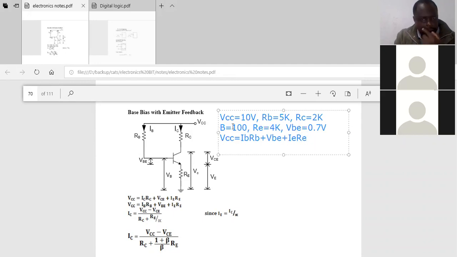Yeah, it's actually possible to get IB from here. And this is what you do. You take the equation of VCC is equals to the same, you can just copy this one and paste there.